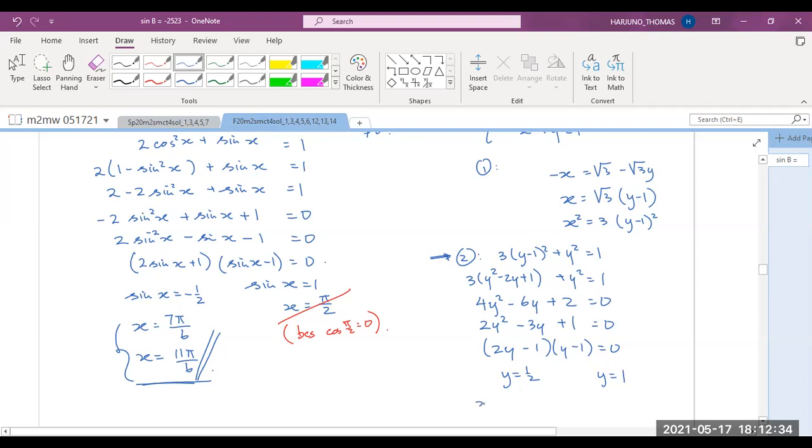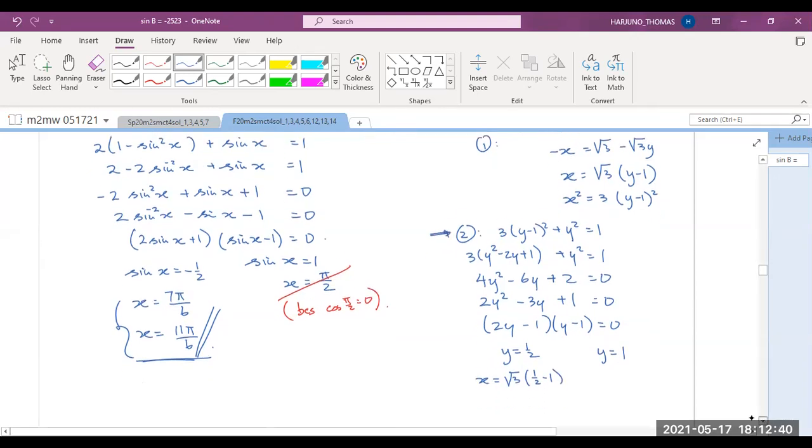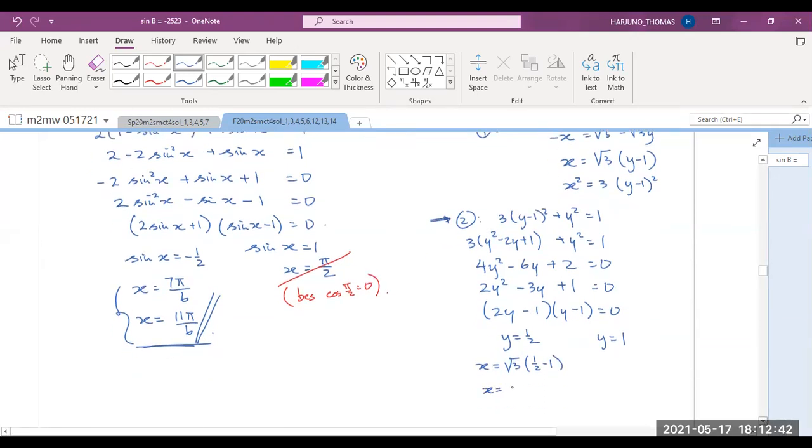So x equals radical 3 times 1/2 minus 1. x is negative radical 3 over 2. So the coordinate is negative radical 3 over 2, 1/2.